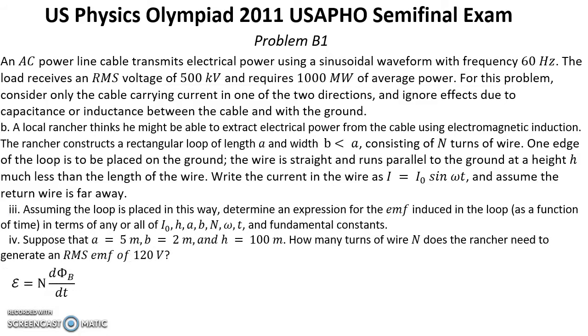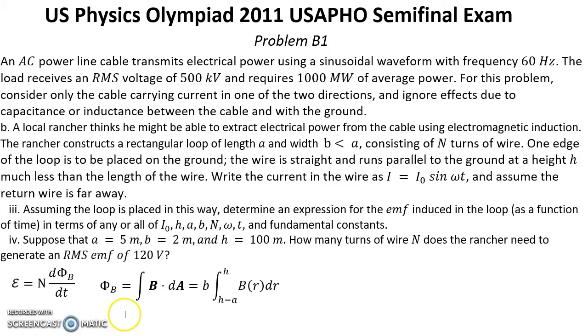So first, using Faraday's law, we can find what the EMF in this loop is. That will be the number of turns multiplied by the change of magnetic flux per unit time, that's dΦB over dt. So we have to find the magnetic flux for this loop.